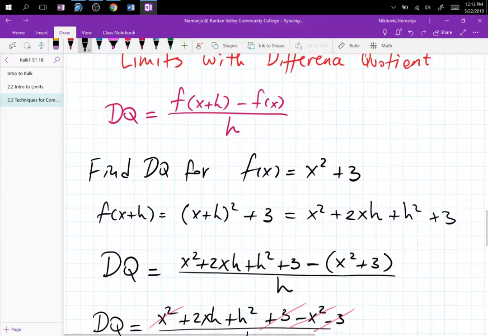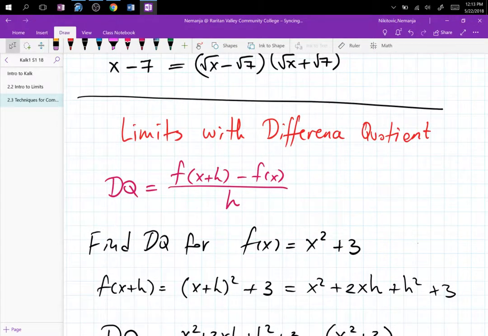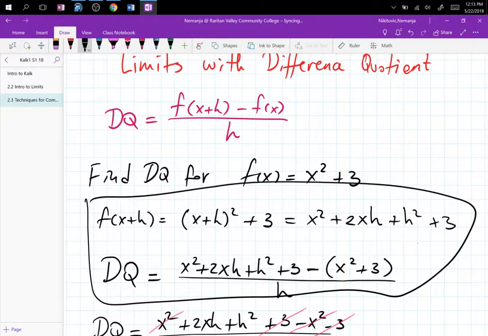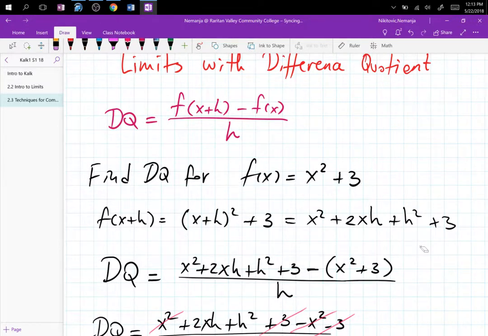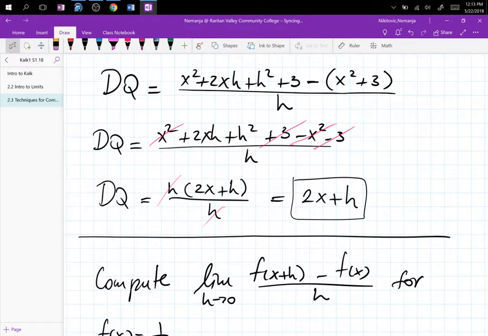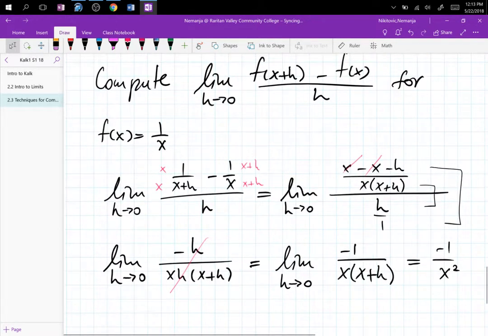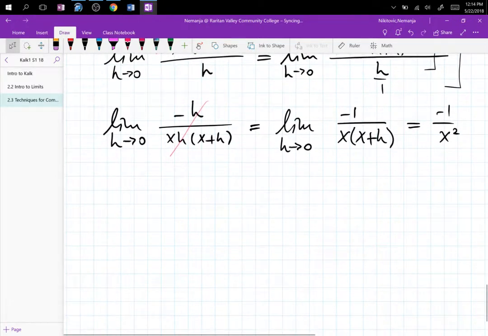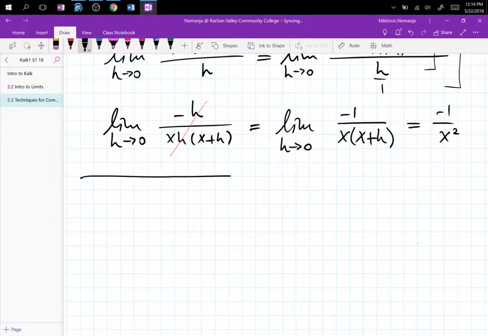So please review the formula for the difference quotient. Be able to construct the difference quotient from these function compositions. And then once you are good with that, you can actually compute the limits which involve the difference quotient in them. We have two more things to talk about.